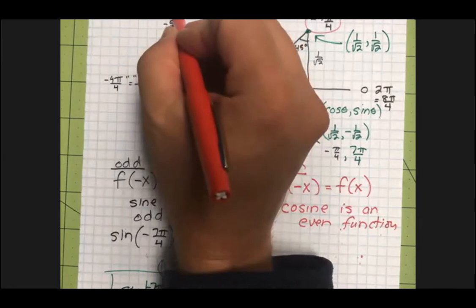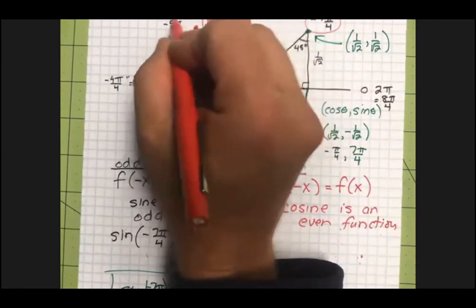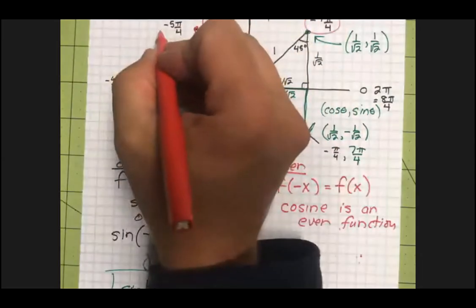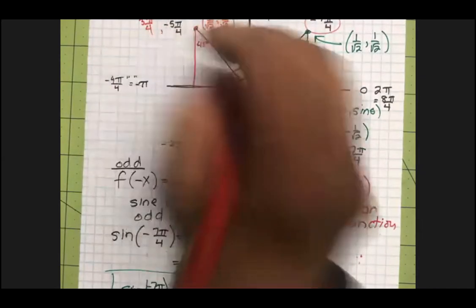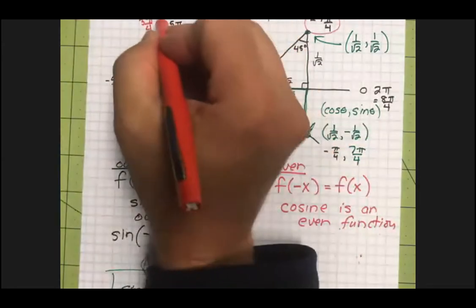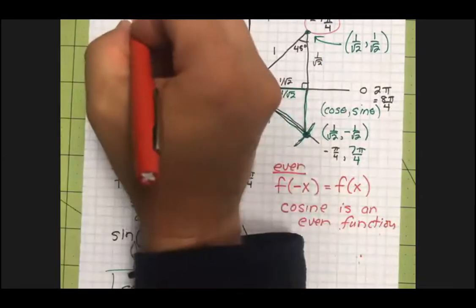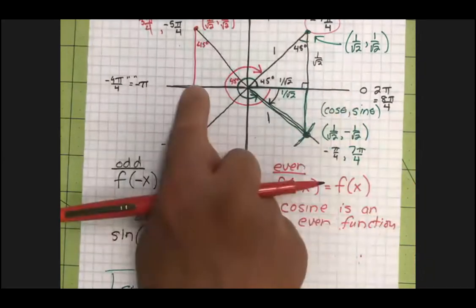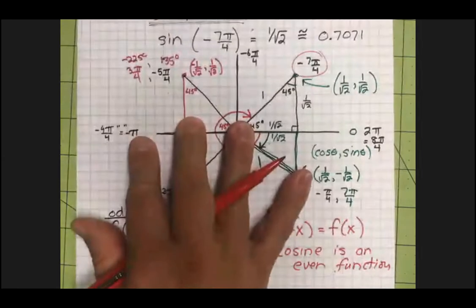It's the cosine of 90 degrees plus 45, which is 135 degrees. It's the cosine of 3 pi over 4. Because if I go clockwise, it's 1, 2, 3 pi over 4. It's the cosine of minus 225 degrees. Because if I go minus 180 and minus 45 more, I'm at minus 225.